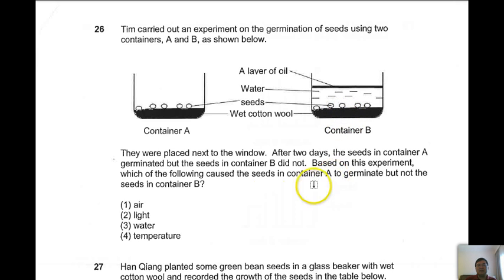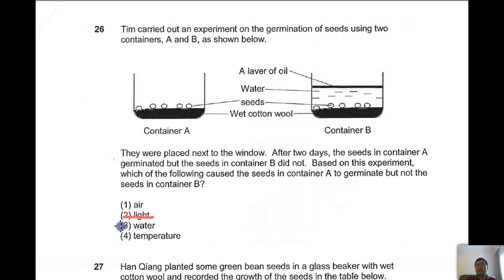Now, based on this experiment, which of the following caused the seed in container A to germinate, but not the seed in container B? What is present that container A has and the other does not? Very obviously, nothing to do with light, both are exposed to light.